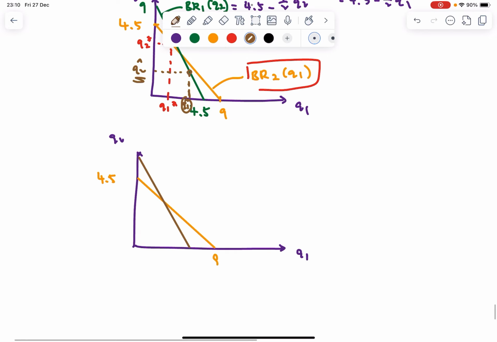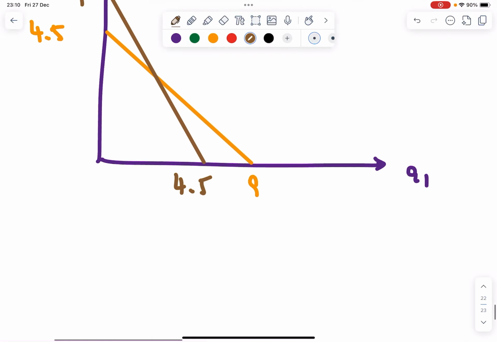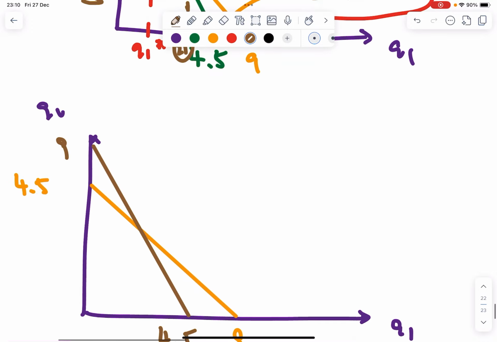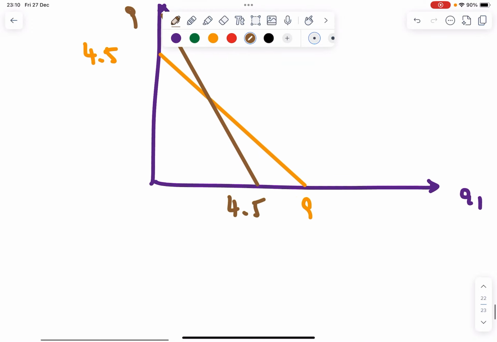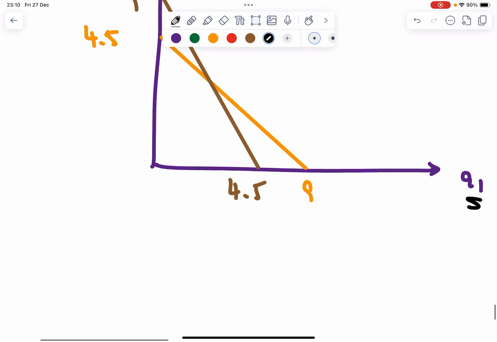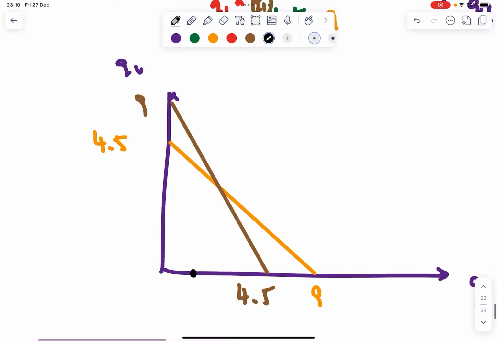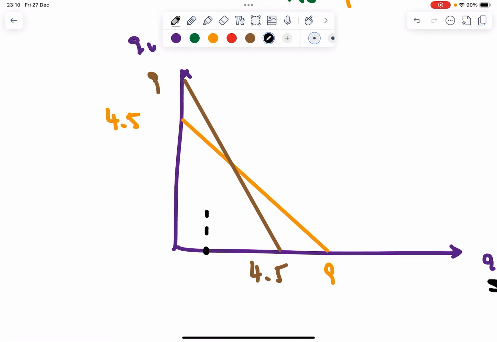9. This will be 4.5. This will be 9. Okay, so we look at this problem, right, and we analyze the best responses. So let's say I start with any arbitrary value, okay? Let's say if firm 1 chooses Q1 equals to this point over here, right? What would firm 2 want to produce? Firm 2 would want to produce this value, right?